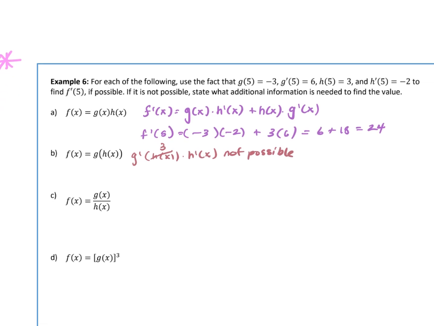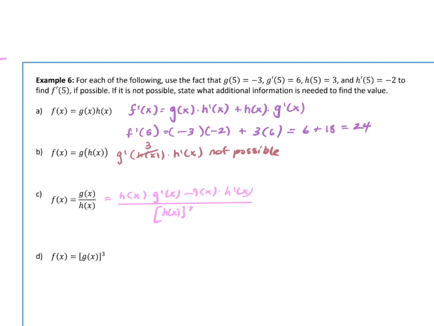All right, here we have quotient rule, so it's going to be low d high minus high d low. And then all over the bottom squared. So h of 5 is 3. G prime of 5 is 6.